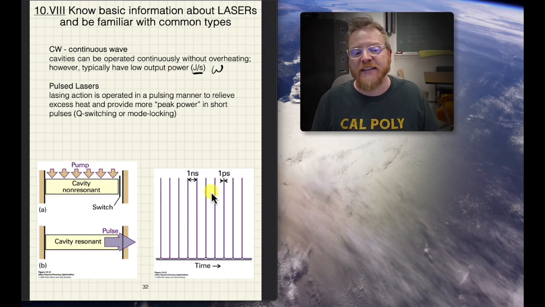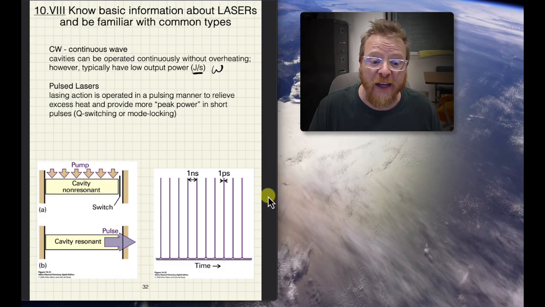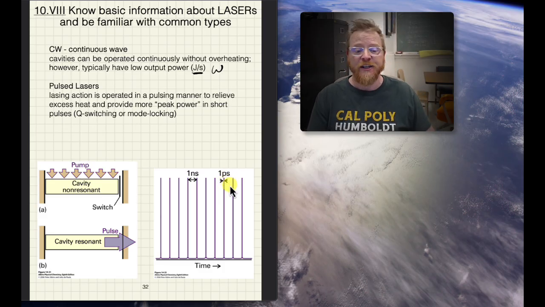As an example, in a pulsed laser, we might see a nanosecond time delay between pulses, followed by something really short, like a 1 picosecond duration.